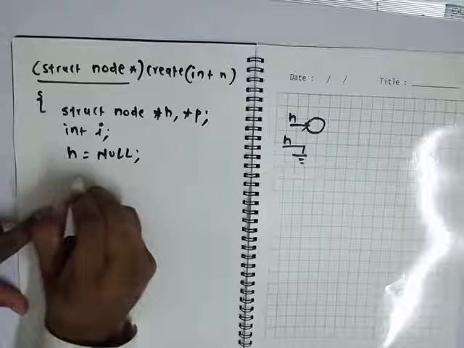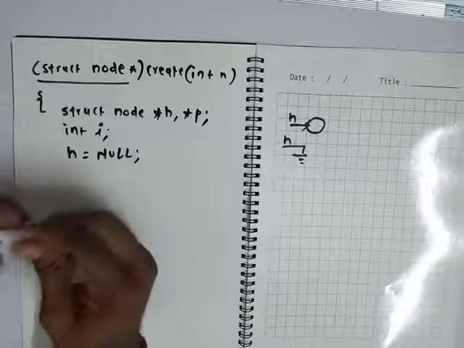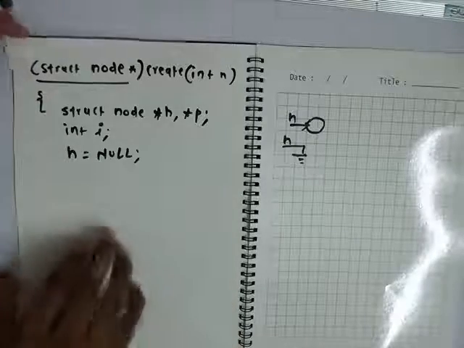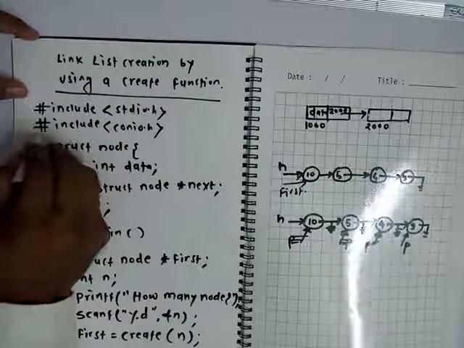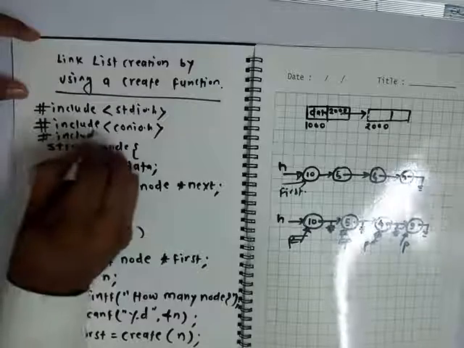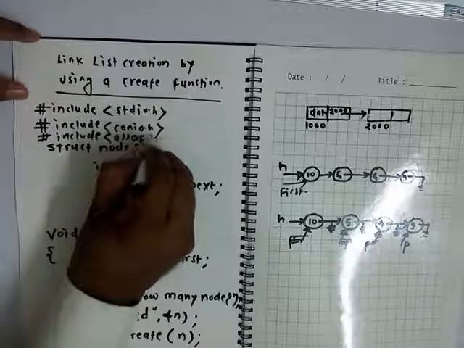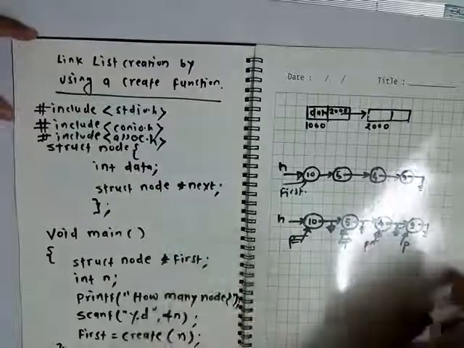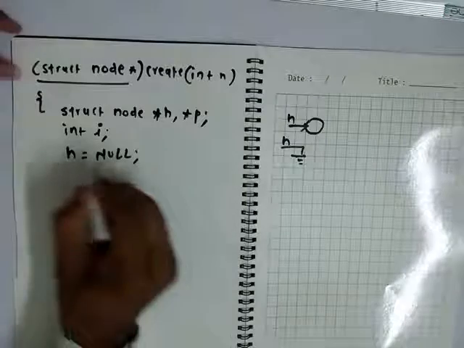Now let's create the first node of the linked list. I'll create the first node by demanding memory dynamically, or by using malloc. In fact, I need one more header file which I need to include here, that is alloc.h. I'll need that header file because it contains the memory allocation functions.